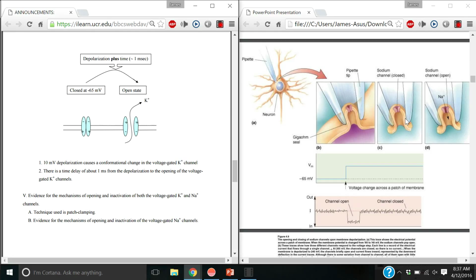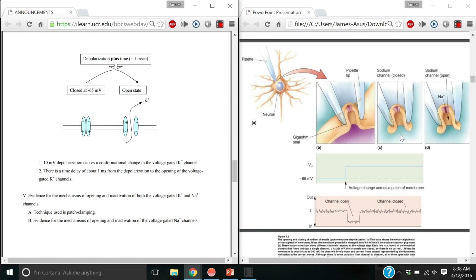Here you duplicate the extracellular concentrations of ions, and here you duplicate the intracellular concentrations of ions. Sometimes the patch contains a voltage-gated sodium channel, sometimes a voltage-gated potassium channel, sometimes it doesn't contain any, sometimes both, sometimes multiples. That you can't control. You just suck a little patch. Sometimes you get one, sometimes you get the other. These are idealized examples where you only have one of each.